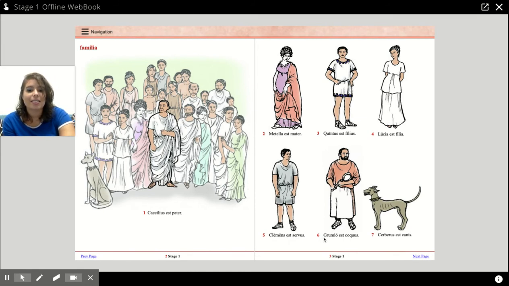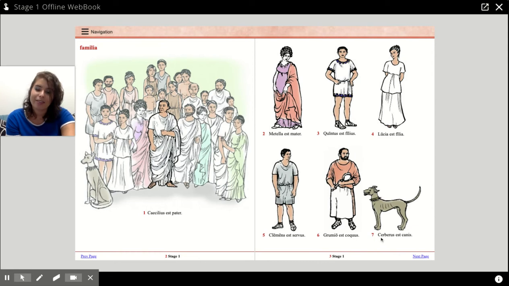Number 6, Grumio est coquus. Grumio is the cook. And then number 7, Cerberus est canis.